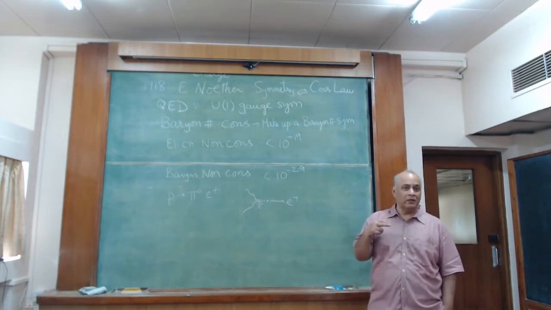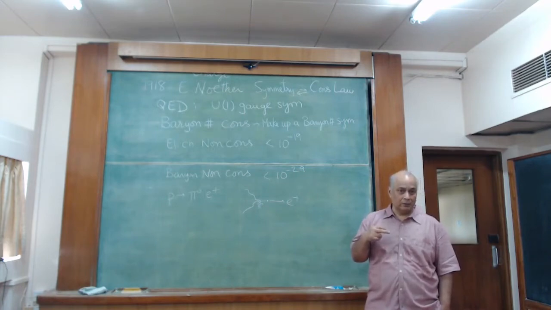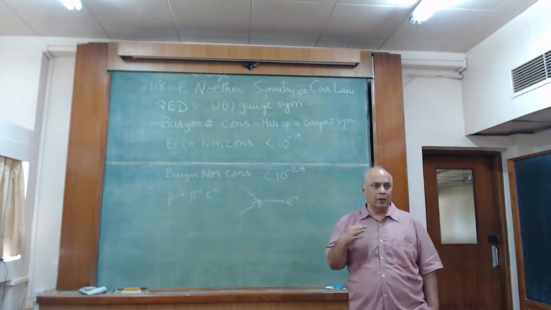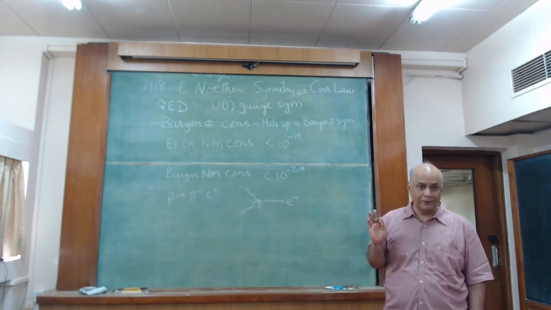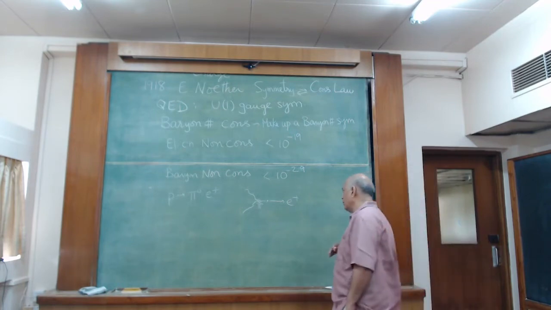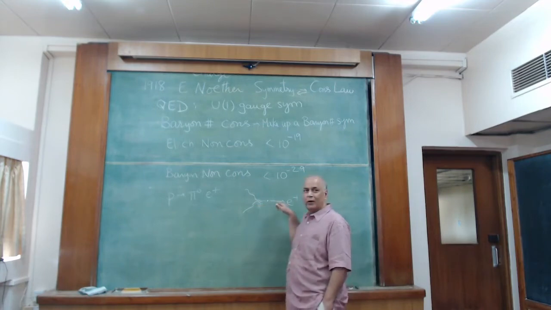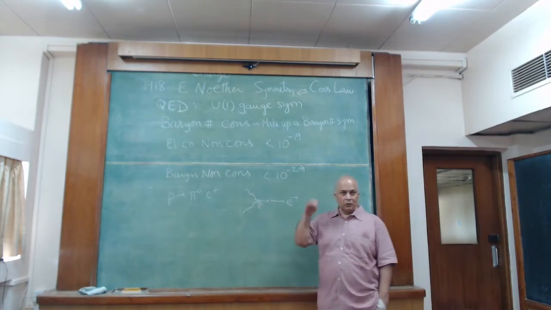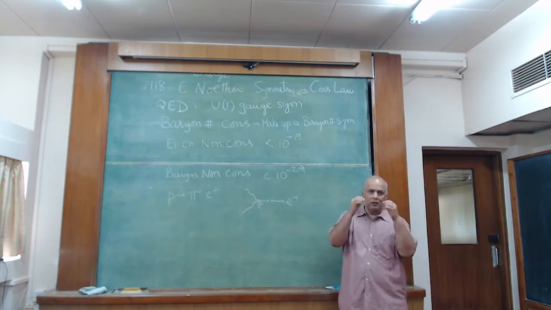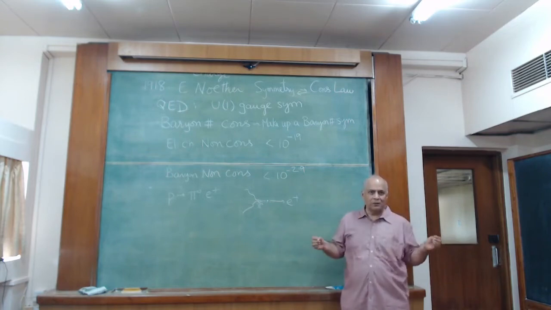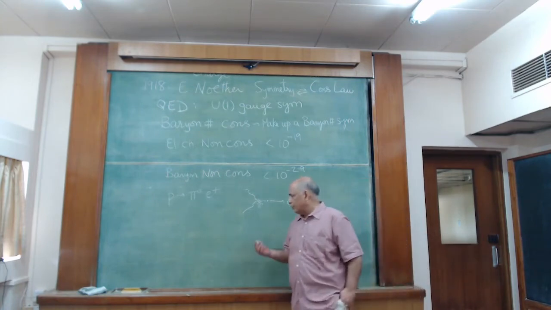Direction detection is very important here. And also, timing is also important, because I want to know that this pi naught and E plus, the time of origin of them is the same.